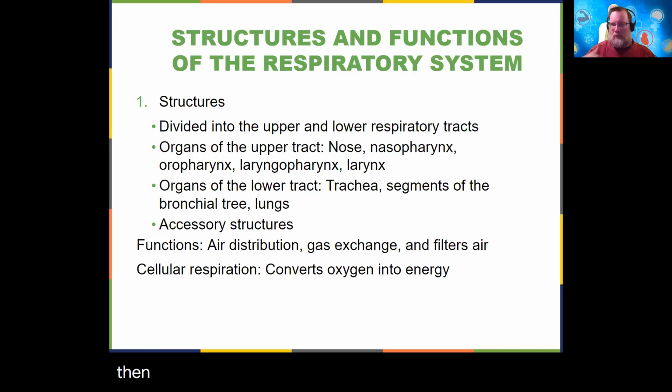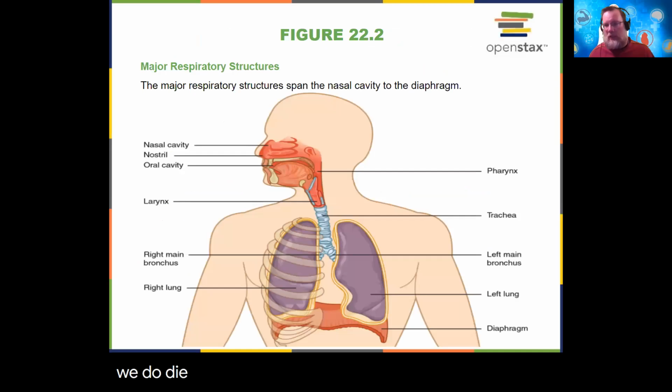And then conversely, we need to get the CO2 out. All roads lead to the cells ultimately. So next week when we do digestion, instead of the gases getting delivered to the cells, we'll look at the nutrients.